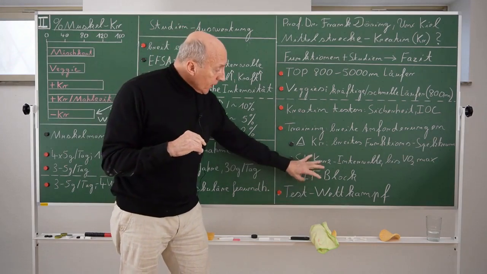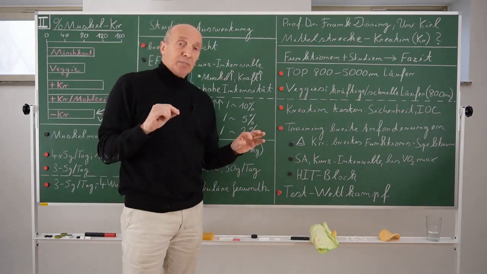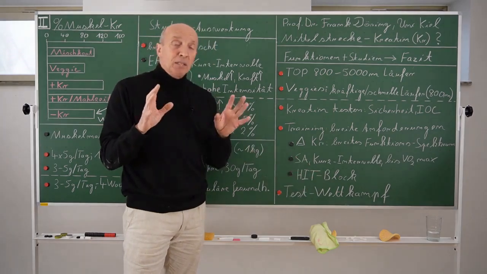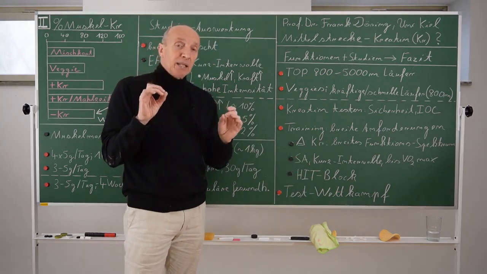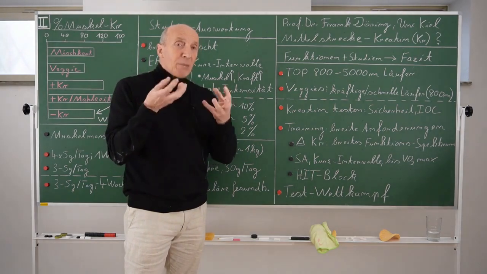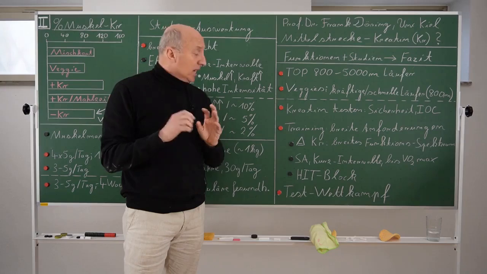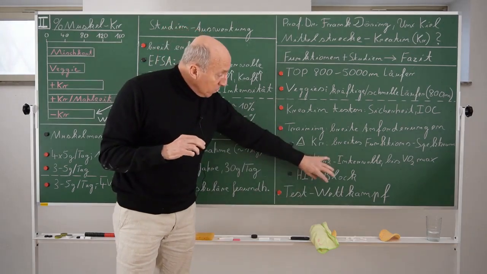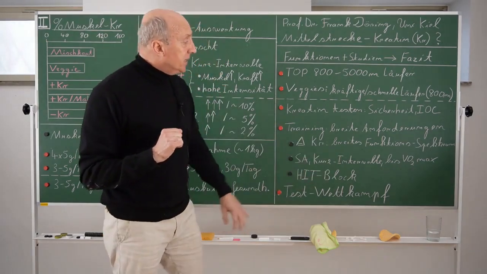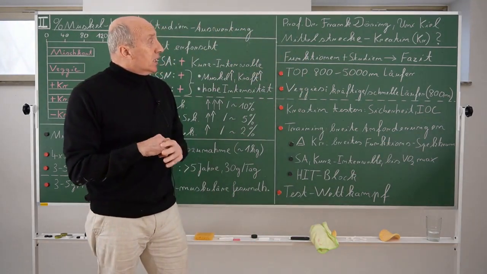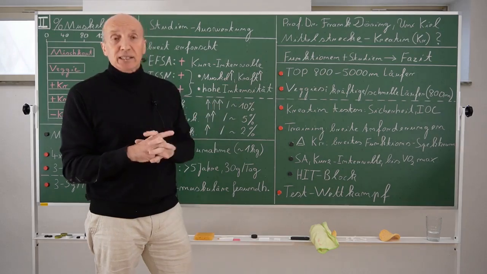Also for middle distance runners who have the so-called HIT blocks, that is high intensity training blocks, which nowadays play a greater role in the propagated bipolar training, with intensities in the range of 100% VO2 max, it may be worthwhile to test creatine once.